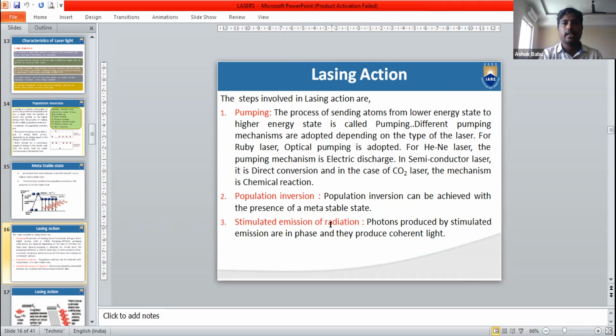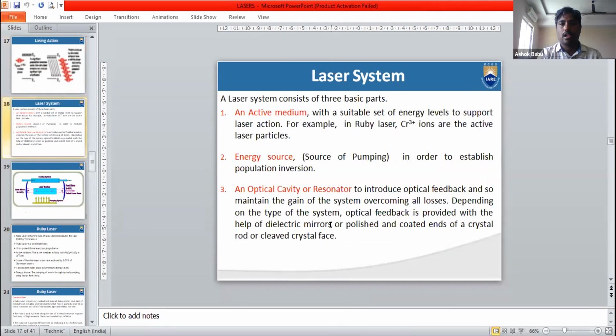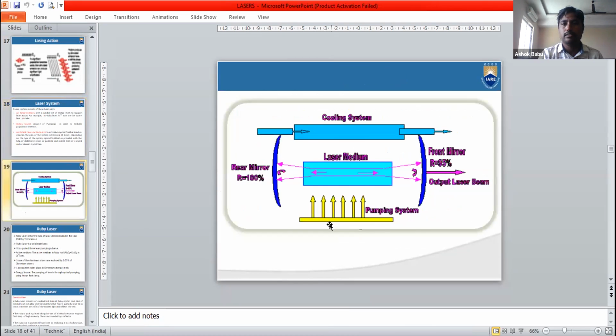This takes place in every type of laser. A laser system consists of three basic parts: the active medium, the energy source, and the optical cavity.